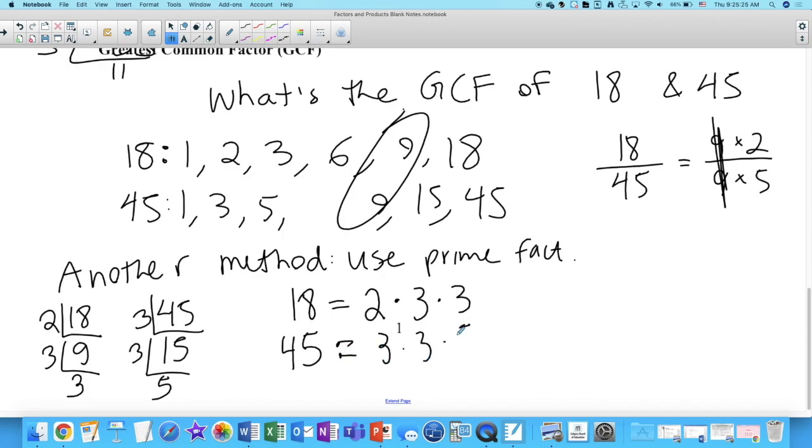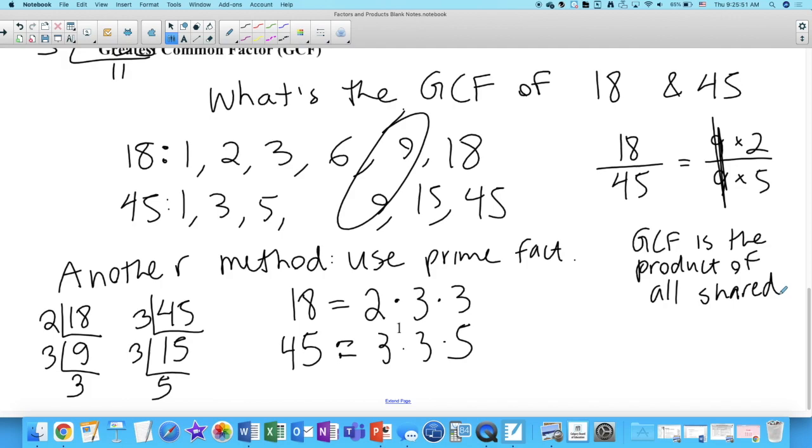Okay, and the greatest common factor is all of the primes that they share in their prime factorization. Okay, so the GCF is the product of all shared primes in the prime factorizations.